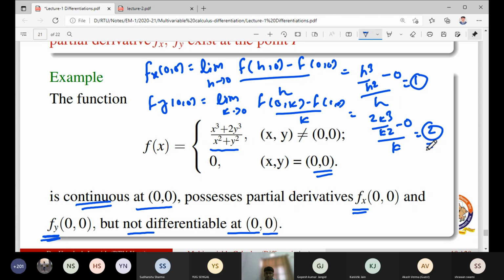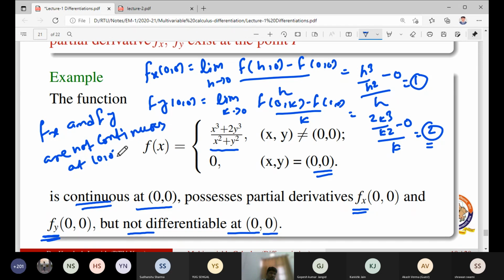So you can see that partial derivatives fx and fy exist at the point (0, 0). But you can easily verify that these partial derivatives are not continuous at the point (0, 0). It means next part is fx and fy are not continuous at (0, 0).